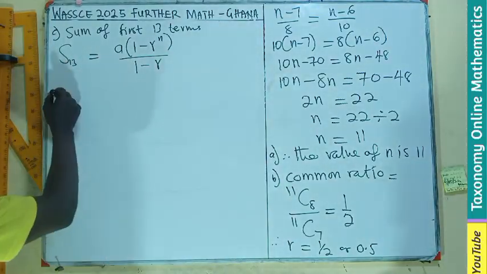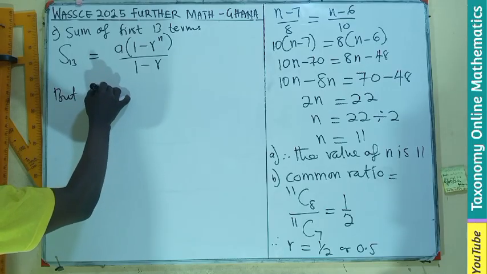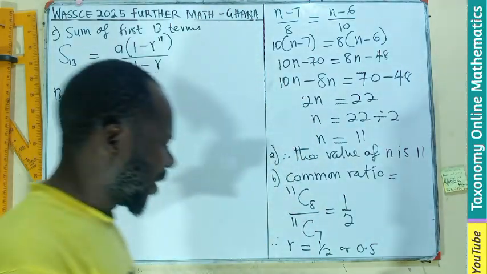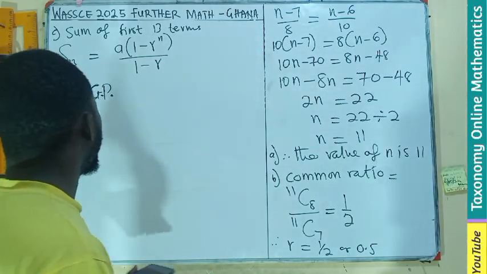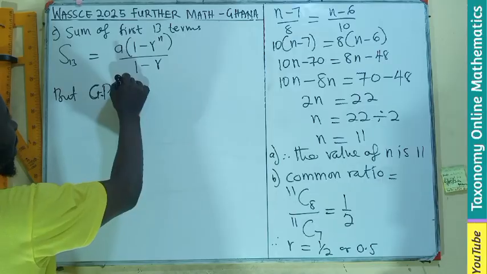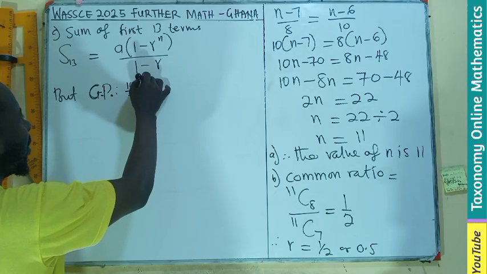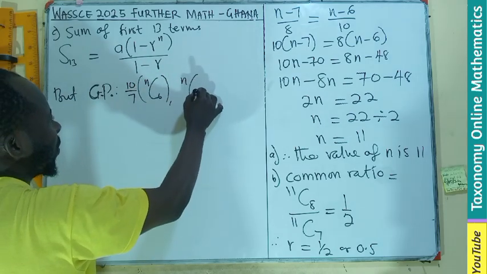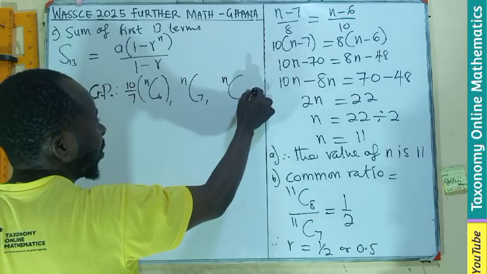So what is the GP we have? The first term, let's see how we can do that. What was it? I think it was 10 combination 7, 6 combination 7, and 8 combination... 8.